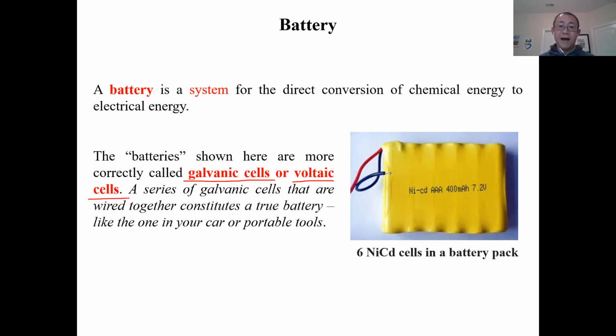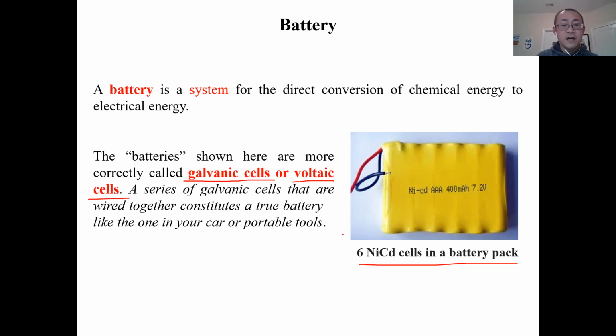So normally a battery, like shown in this picture, a nickel-cadmium battery pack, is actually 6 nickel-cadmium galvanic cells wired together to give us a bigger system. We call that a battery. So the basic unit for what we normally call a battery is these individual galvanic or voltaic cells.